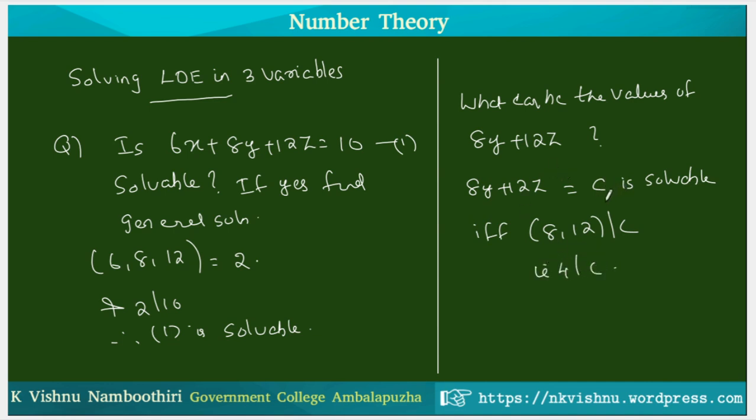Therefore c must be a multiple of 4. Therefore 8y plus 12z must always be a multiple of 4, so this has to be always 4m for some integer m. Therefore we need to solve 6x plus 4m, because we know that 8y plus 12z is always going to be equal to some 4m. So we will try to solve 6x plus 4m is equal to 10.